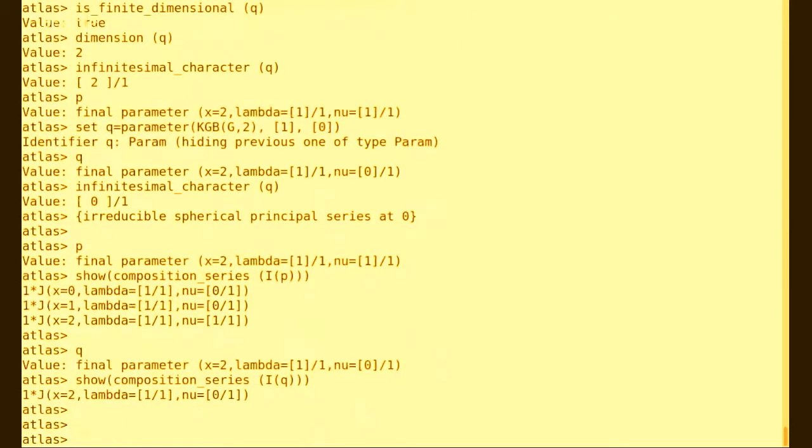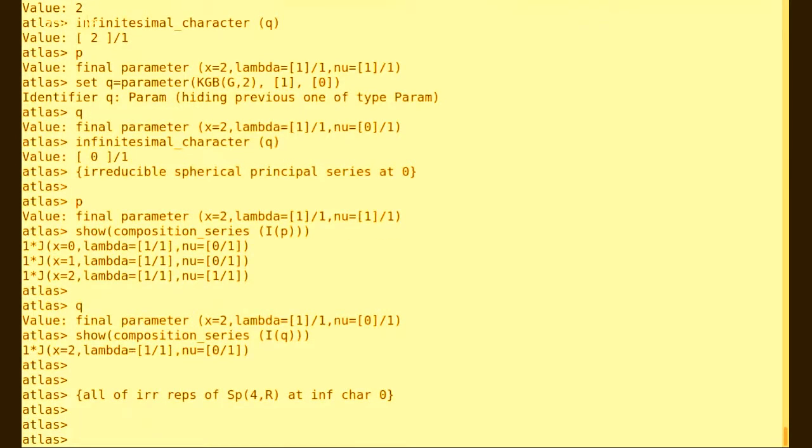Okay, so let me just conclude this with an example. What are all of the irreducible representations of, say, Sp(4,R) at infinitesimal character 0? Well, let's think about that for a second. How can you get a representation of infinitesimal character 0?